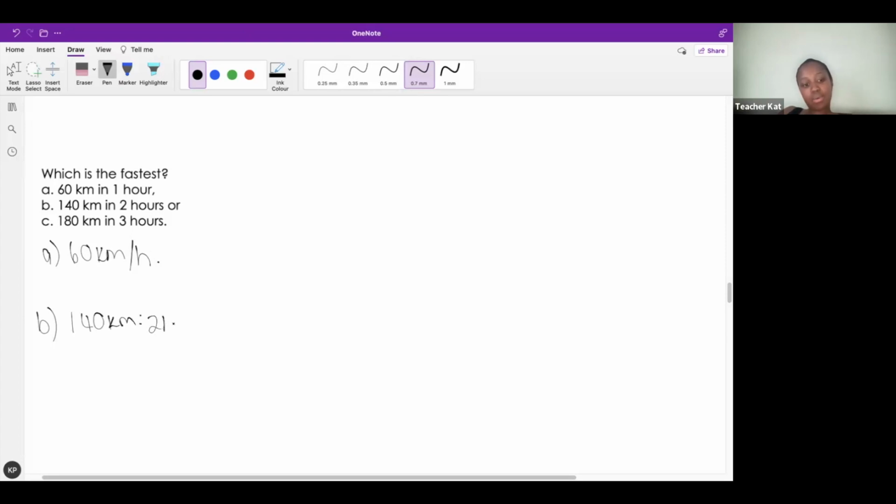for 2 hours. So I have to divide by, what do I have to divide by? Because I want to know how far we're traveling for 1 hour. I have to divide by 2, guys.